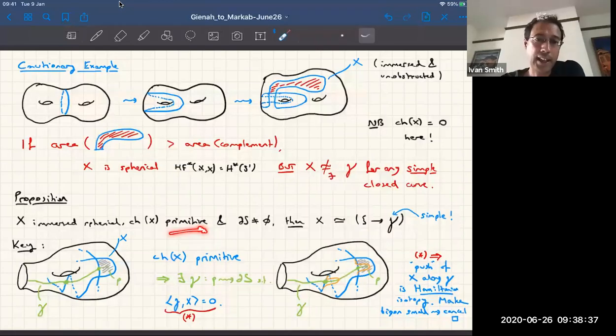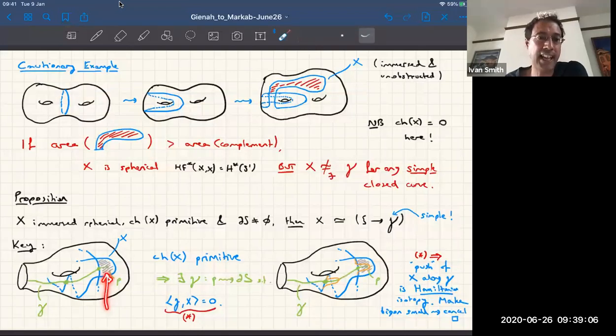Okay, and how will we do this? Well, X is immersed. So if it's spherical, then first one shows that it must bound some bigons. So somewhere there's a bigon like this. Actually, there's not really a bigon like this because X itself could run through all the bigons, but this is an iterative process. Suppose we have a simple bigon like this, which from the point of view of X looks kind of empty.